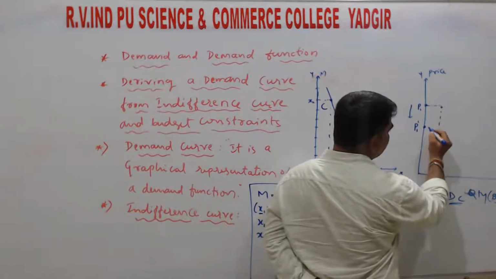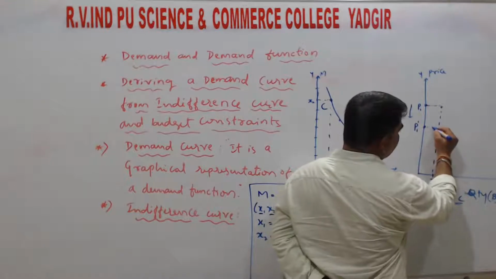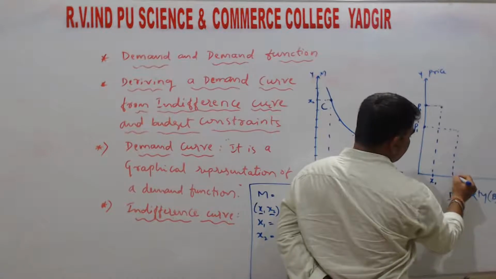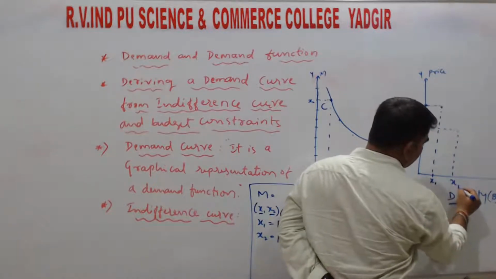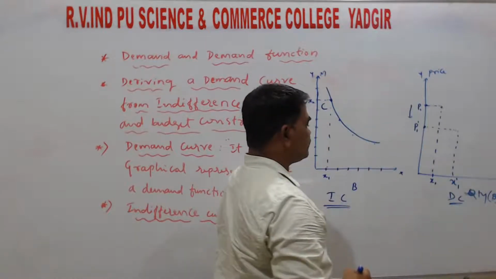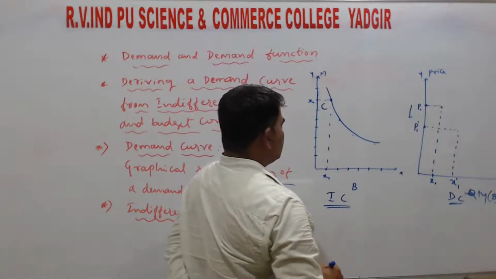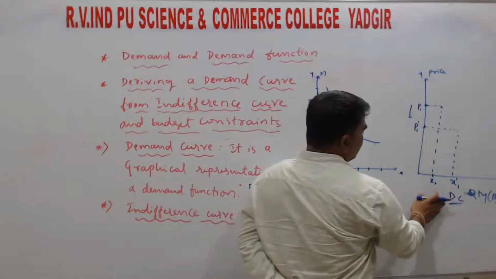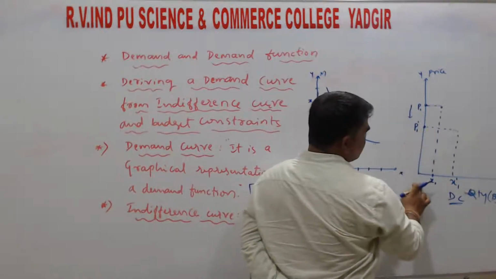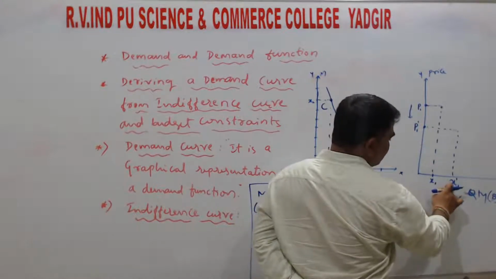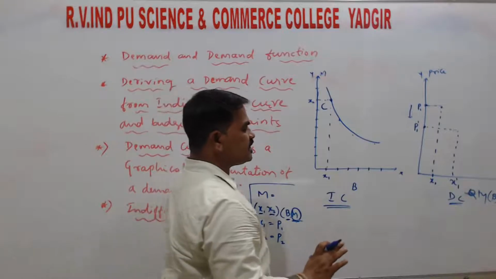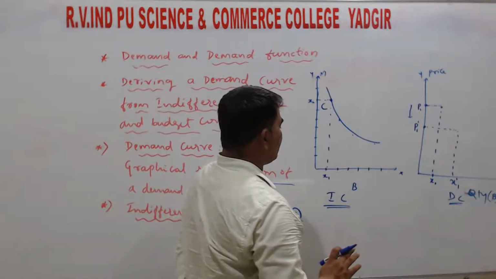When there is a reduction in the price, he will buy more quantity of banana. That I have mentioned as the new quantity here. So in the demand curve, we understood that when there is a decrease in the price, he goes for a greater quantity of banana. There is an increase in the quantity of banana.